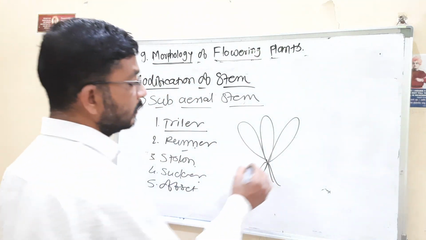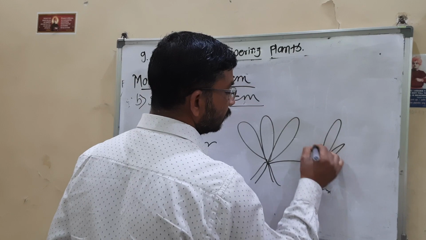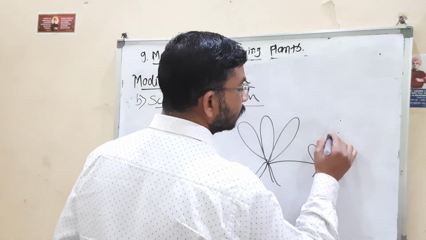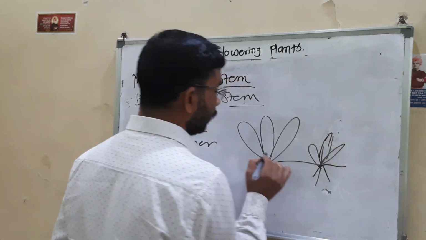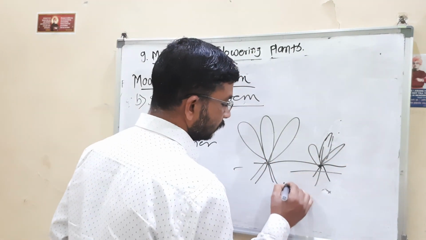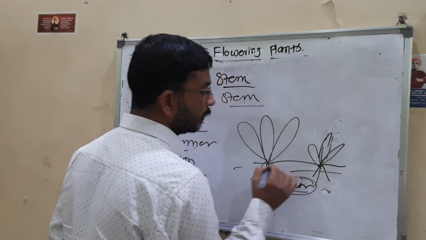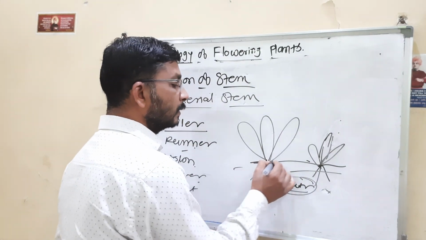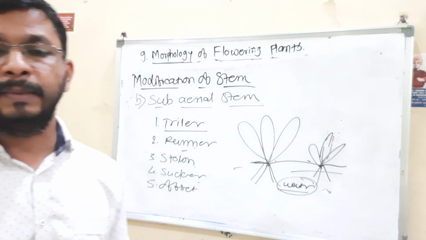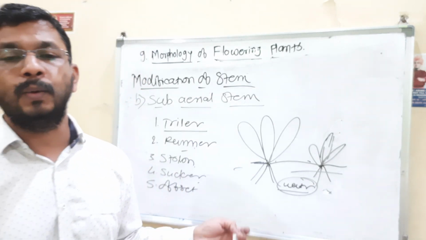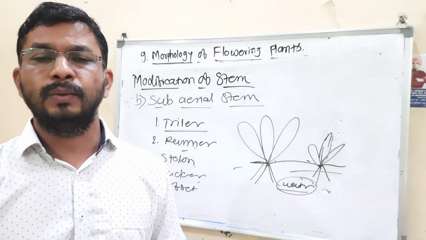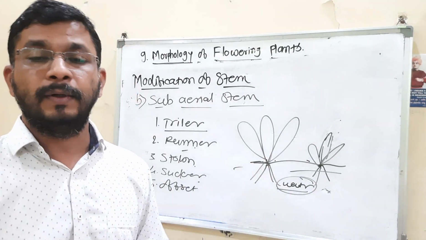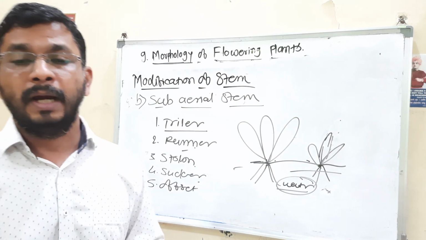These two plants are connected with each other like this. And this is the water. They are connected from here. These are one-internode-long runners in a plant, formed on the surface of water. The example is Pistia and Eichhornia.